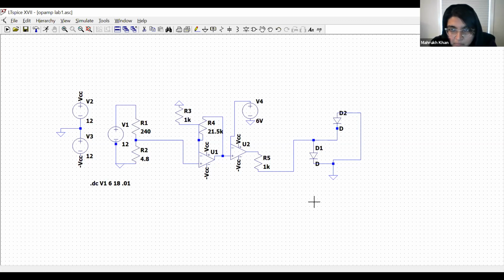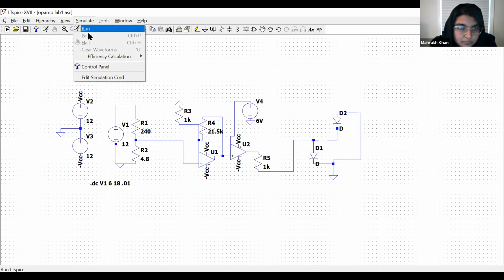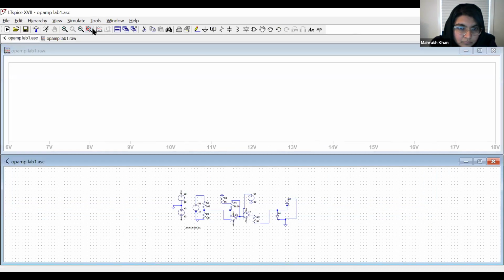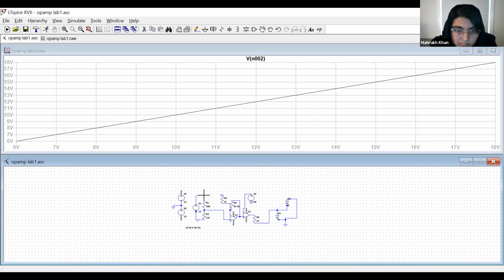Should I run? Okay. Okay, let's see. So here I am changing it from 6 to 18 volts, right? Okay.